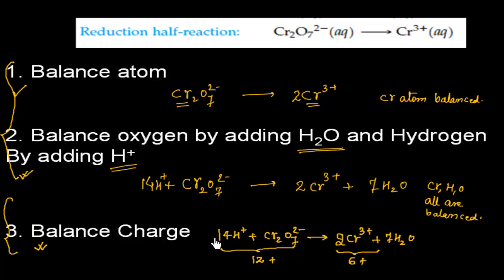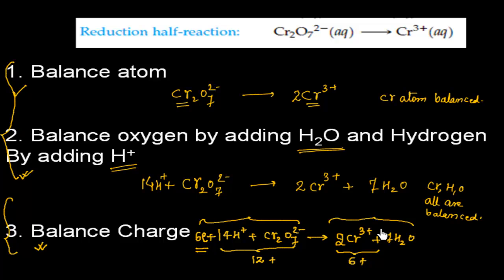So what we can do, this side if we add 6 electron, then I will have only 6 plus charge, because 6 electron will neutralize 6 proton. So we will have 12 minus 6, that is effectively 6 positive charge. So if we add 6 electron this side, we have 6 positive charge this side, and this side also we have 6 positive charge. So now charge is also balanced.